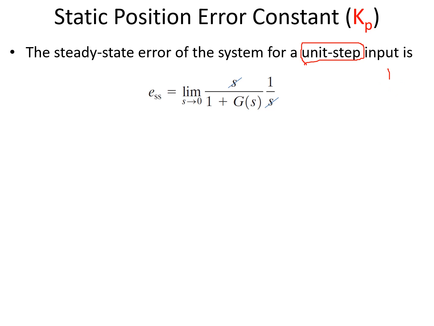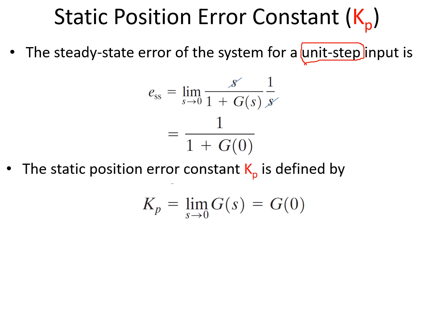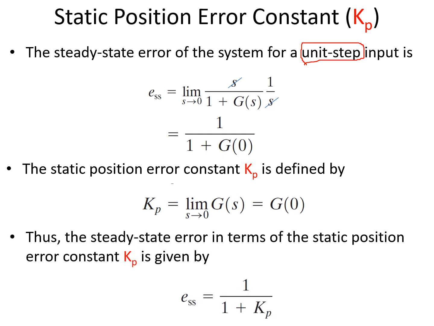The numerator s and denominator s will get cancelled, and we get the expression for ESS for a unit step input as equal to 1 divided by 1 plus g of 0, because I'm eliminating the limit. So your position constant Kp is taken as equal to limit s tending to 0 of g of s, which is nothing but g of 0, and you can write your steady state error as equal to 1 divided by 1 plus Kp.